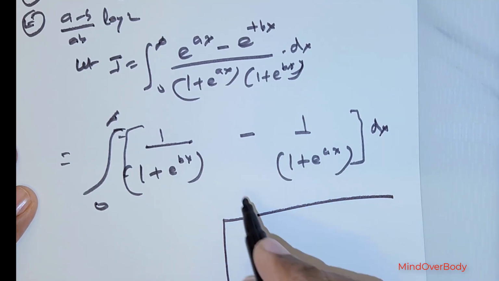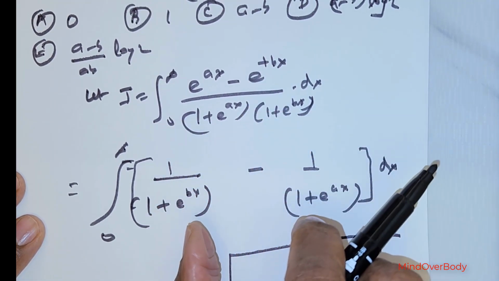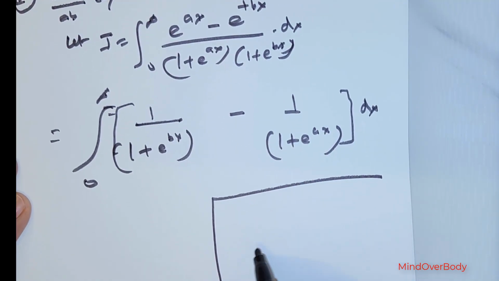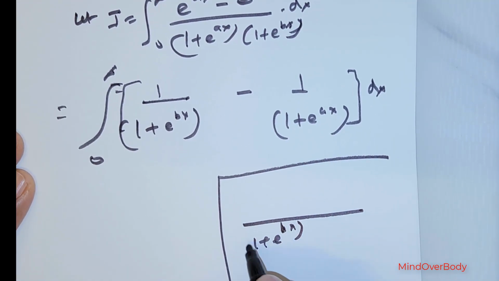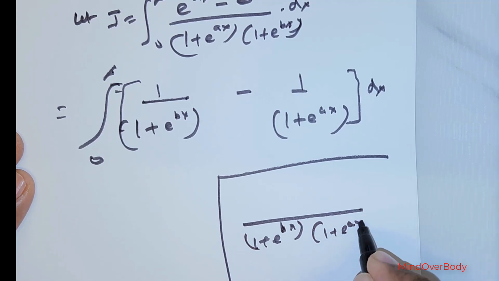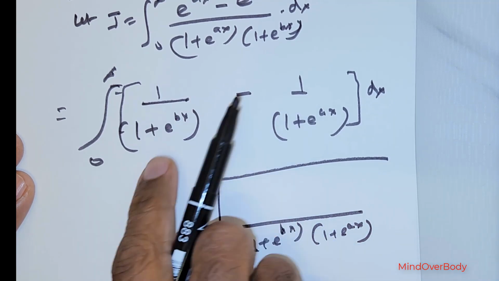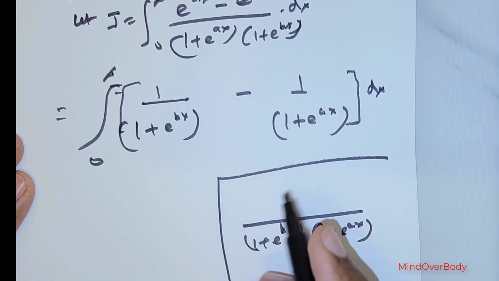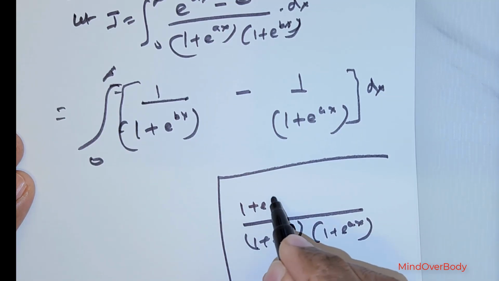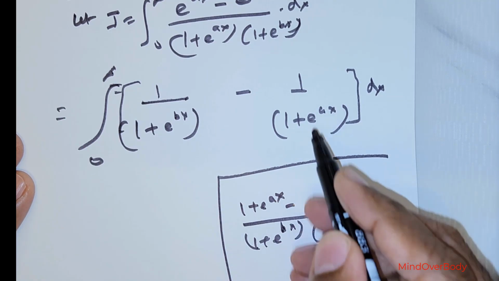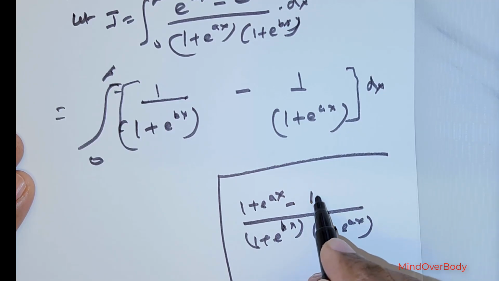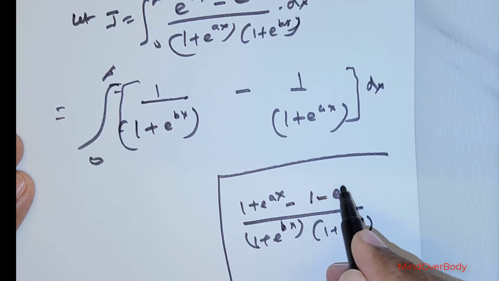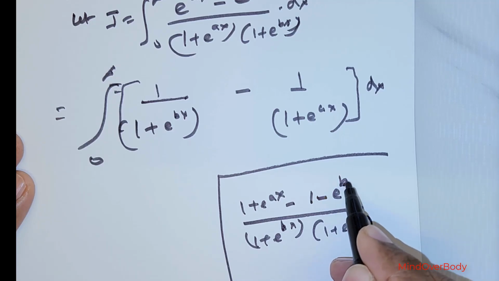Now let me show you that this is the same. If I take the LCM as (1 + e^(bx)) multiplied with (1 + e^(ax)), in the first term I would get (1 + e^(ax)) minus (1 + e^(bx)). So it's going to be 1 followed by negative e^(bx).